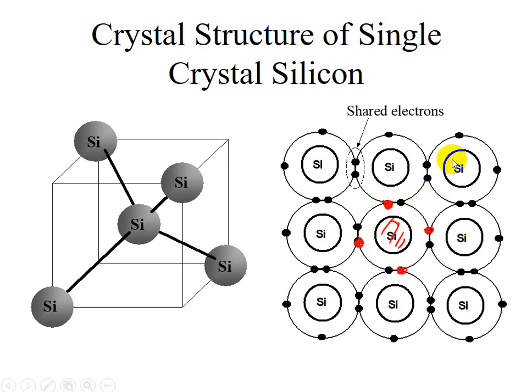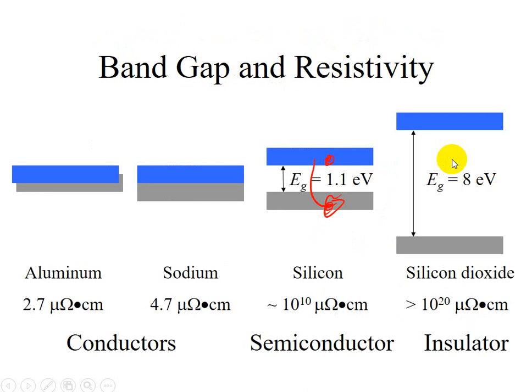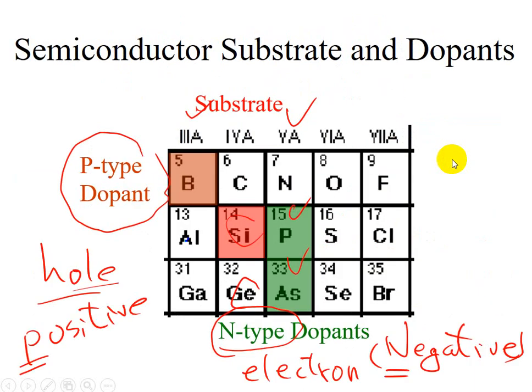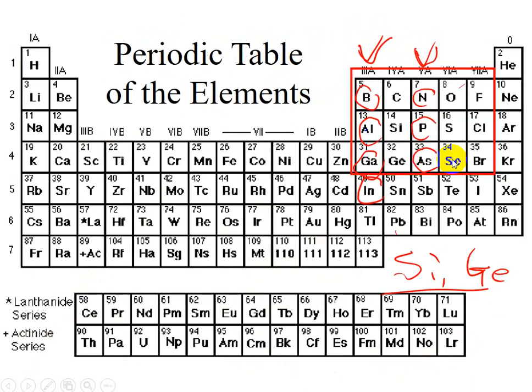For compound materials, in general, atoms form bonding between them to form a structure similar to the inert gas. Let's come back to here and look at the inert gas.